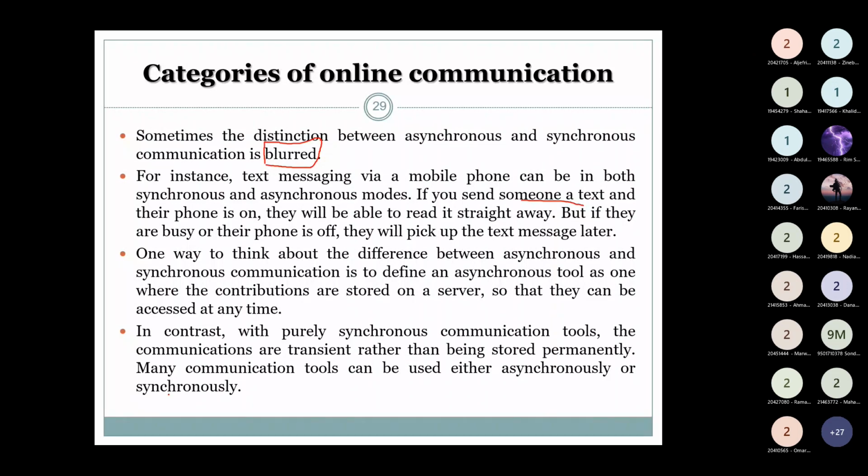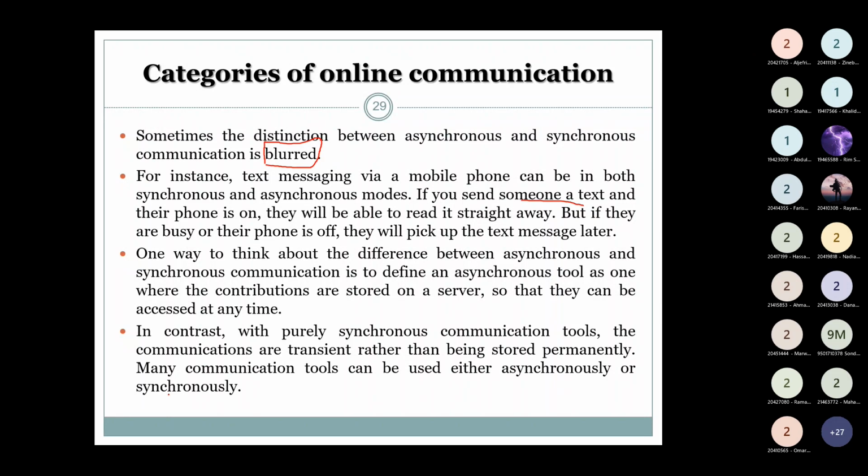But in web conferencing, for example, even if some students cannot attend with us, there is a recording stored on the server, so they can watch this recording later. So this meeting can be synchronous for students who join the meeting, and asynchronous for students who listen to the recording later.